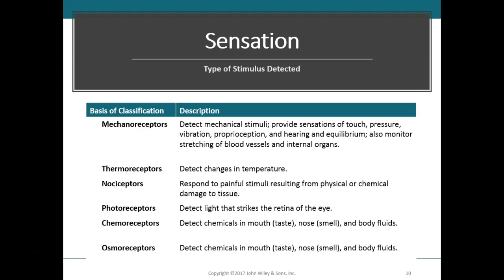Nociceptors detect painful stimulus, so something that can cause the body injury or some sort of damage. Your nociceptors do not adapt. Now, I haven't mentioned adaptation yet, but sensory receptors can adapt, which means basically the cells stop responding. So think about what happens when someone walks into a room and you smell their perfume really heavily when they walk in.